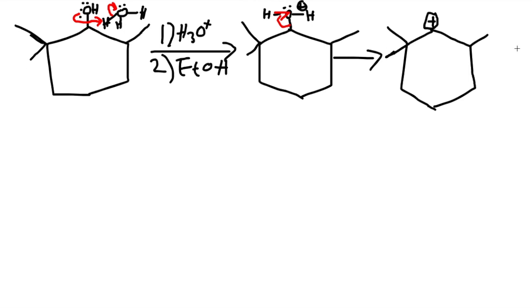So here we see that we can do a hydride shift, but we can also do a methyl shift. But we can't do both. We must pick one. In this case, a hydride shift is much faster than an alkyl shift. So that's why we use a hydride shift instead of a methyl shift.